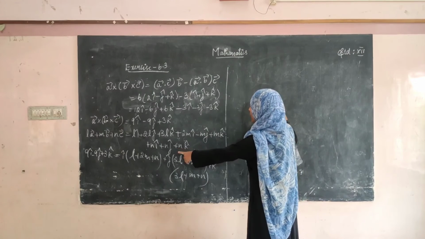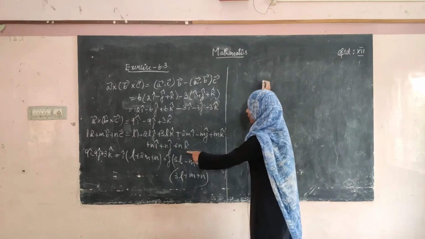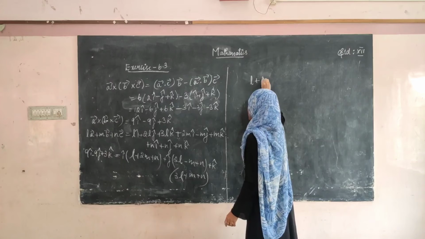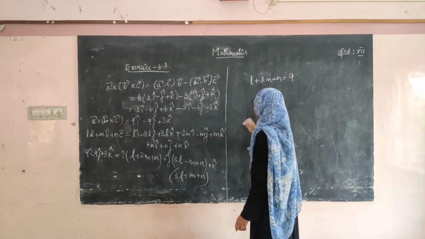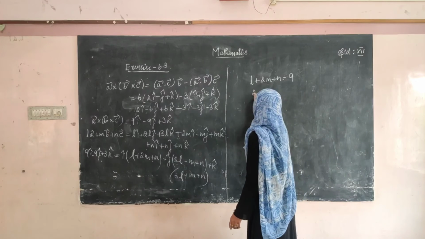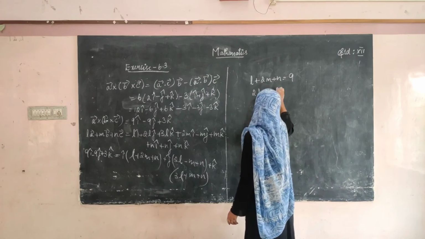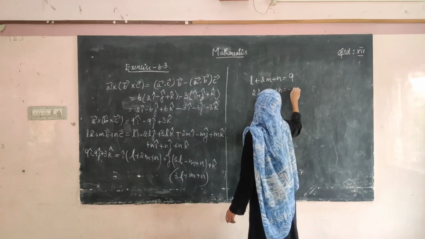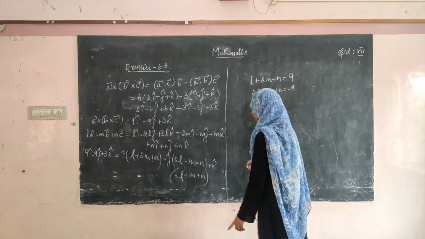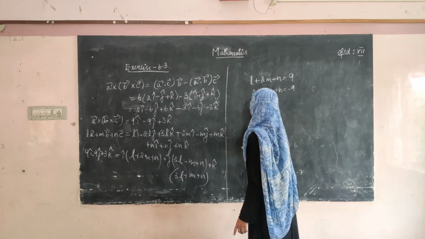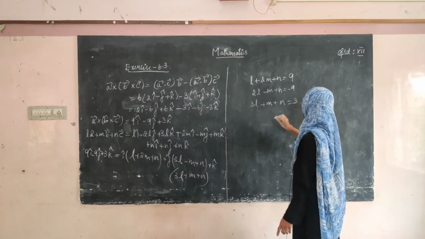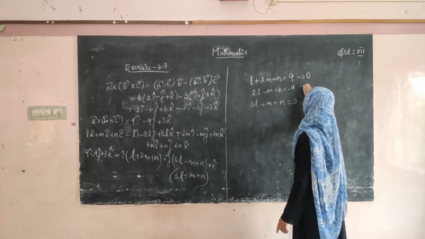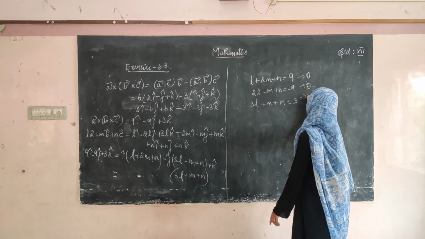For i cap: l plus 2m plus n is equal to 9. For j cap: 2l minus m plus n is equal to minus 9. For k cap: 3l plus m plus n is equal to 3. Let us take these as 1, 2 and 3.